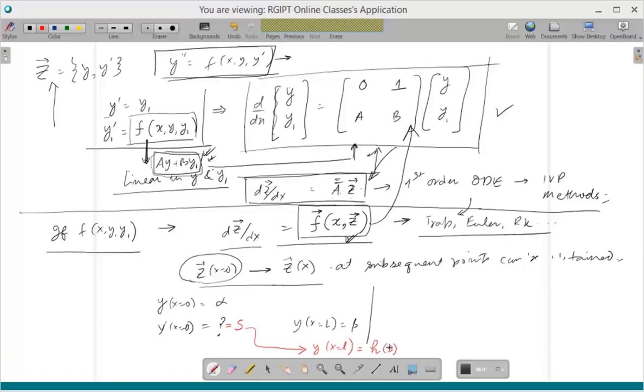I want to choose s suitably, so that h of s matches beta.